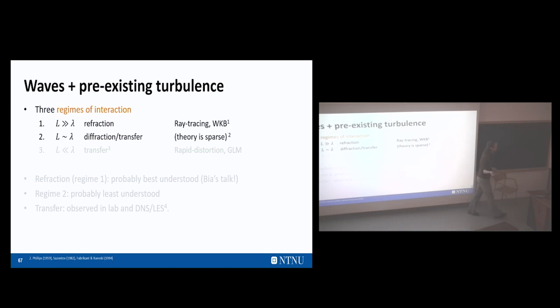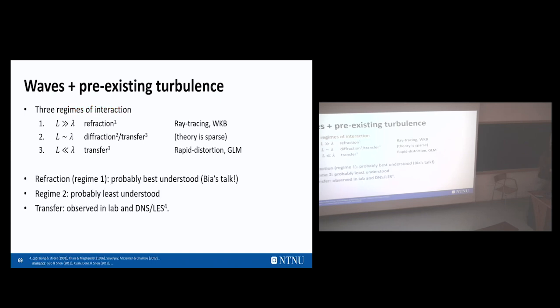Here there is relatively sparse theory, and it's also quite heavy and tricky to use in practice, at least we found it so. And on the other scale, when you assume the turbulence is small, you've got other theories, one by Ardhuin and Jenkins, 2006, using GLM, and the other famous one by Teixeira and Belcher.